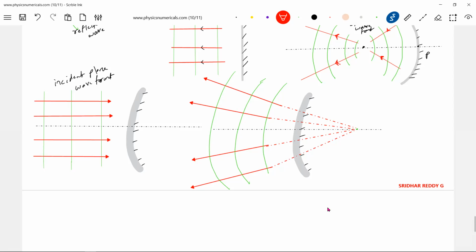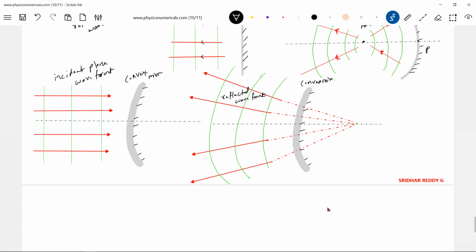This will be the reflected wavefront. Okay, this is for the convex mirror. This is one set.